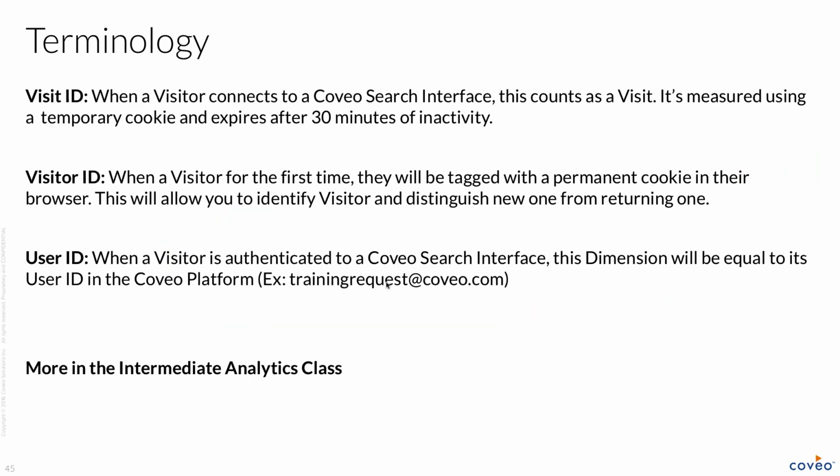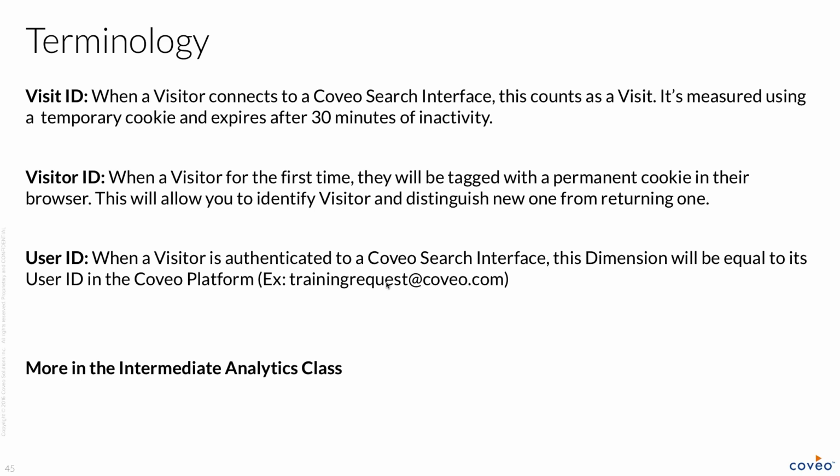So maybe a bit of terminology before showing you the visit browser. I go into more detail in intermediate, but for now, we just need to position each of them. When I talk about a visit, I'm talking about someone who connects to a search page. A visit is when you connect to a page. This is a new visit.